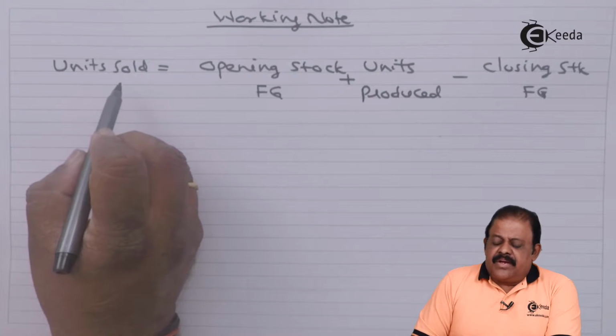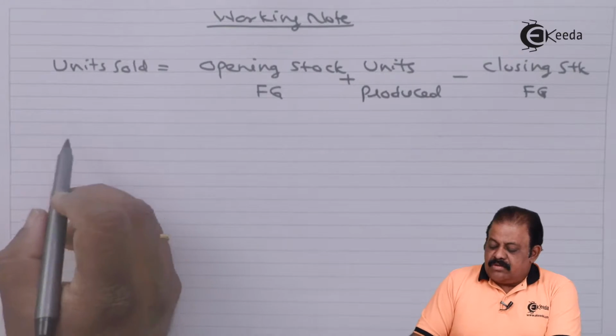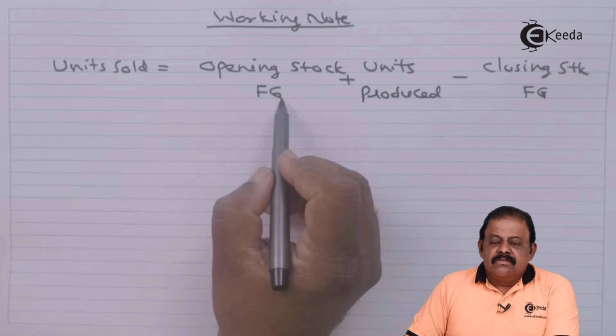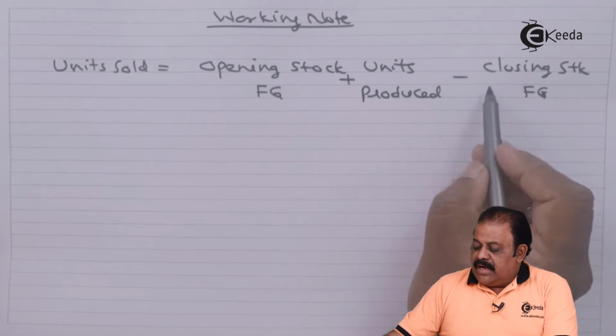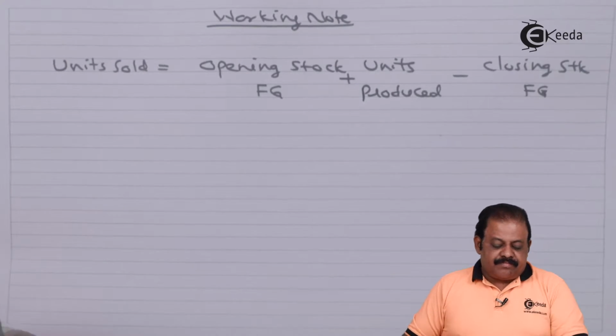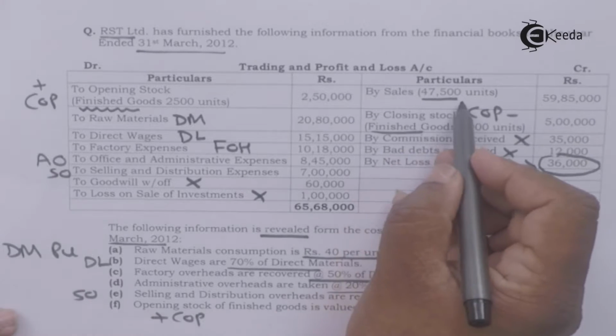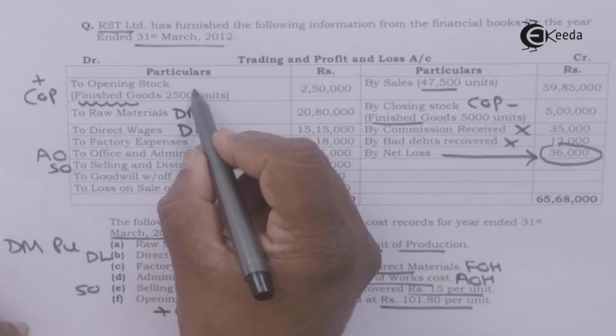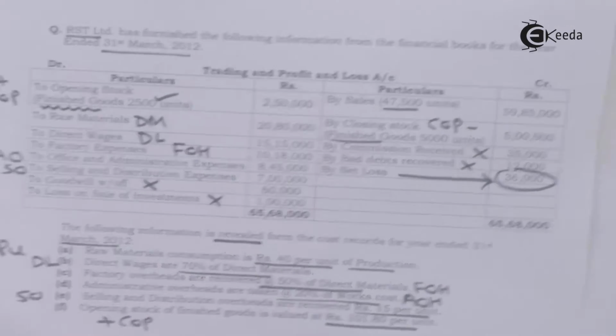We'll have to do one working note to find out units produced. Units sold is equal to opening stock of finished goods plus units produced minus closing stock of finished goods. Units sold 47,500 units. Opening stock of finished goods 2,500 units.